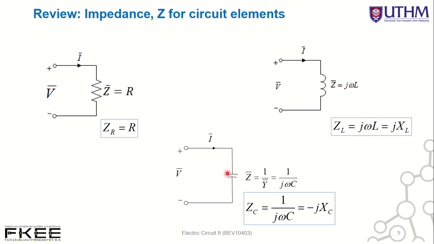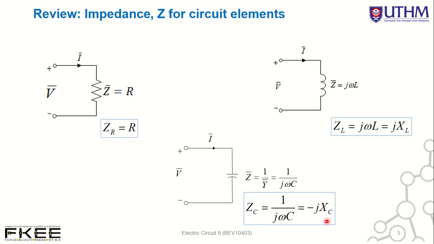For a circuit with a C element, ZC equals 1 over j omega C, where omega equals 2 pi f and f is frequency, or equal to minus j. Why minus j? Because 1 over j equals minus j. Please bear in mind 1 over j equals minus j.